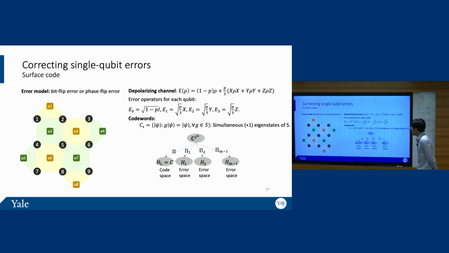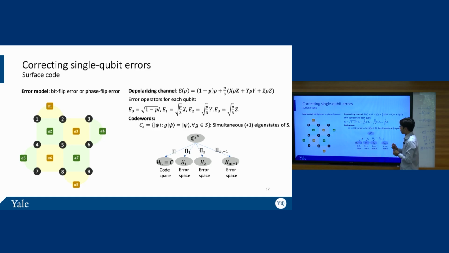Okay, so what does the process of error correction actually do? It's essentially trying to classify the different quantum states that my physical qubits could be in into some subspaces. In fact, the direct sum of several subspaces that is labeled by different stabilizer measurement results.